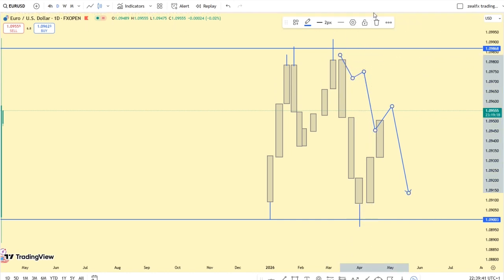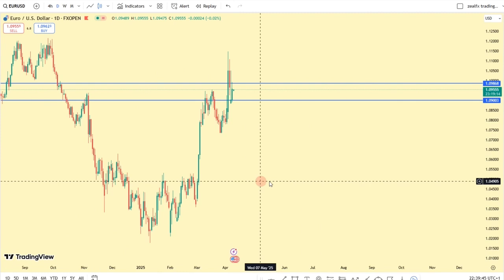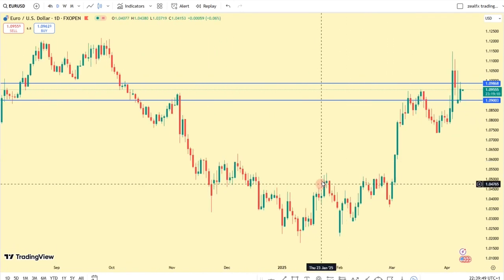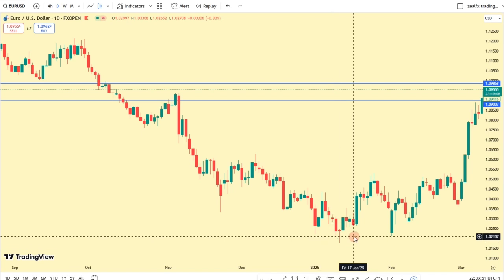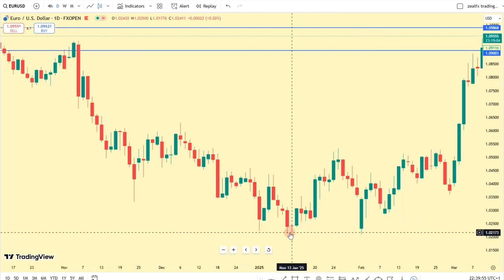So let me show you the example on the chart. So let's go to the chart. This is my chart now. You can see that we have a false breakout at this level.